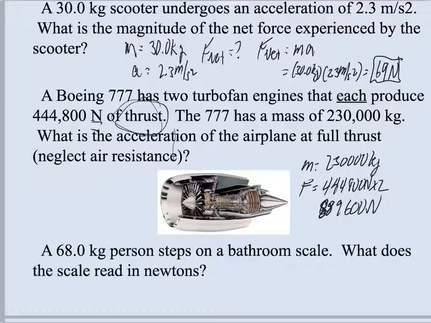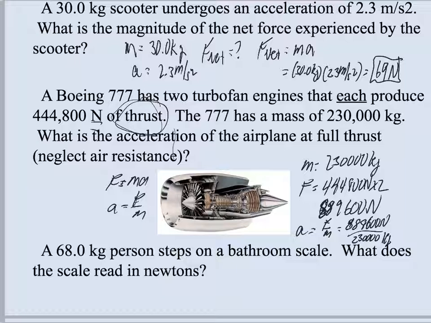Now we have our overall force, and they want us to find the acceleration. Well, we know acceleration is the force divided by the mass. We know that because if we take F equals ma, and we rearrange it to solve for acceleration, that's F over m. So I'm going to take my F, 889,600, divided by 230,000 kilograms.